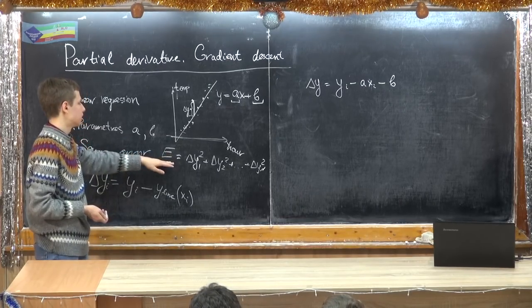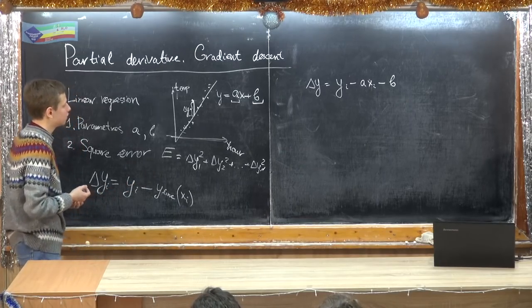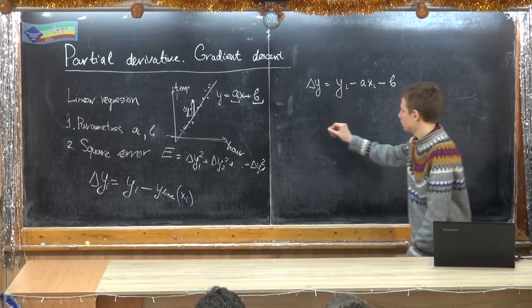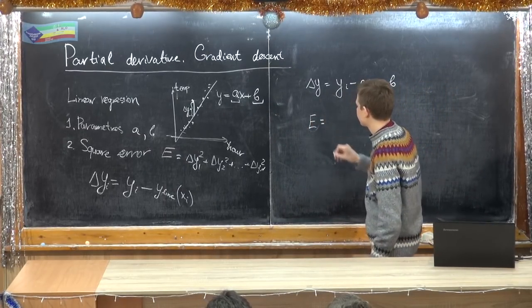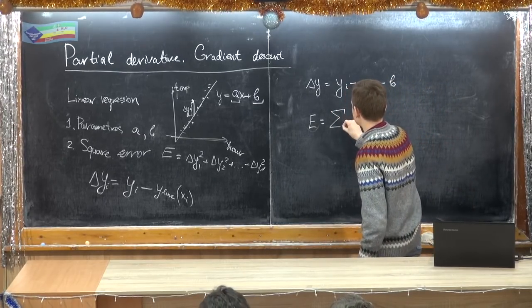So we want our square error to be as small as possible. And let's rewrite this square error in an easier way. So this is called a sum.